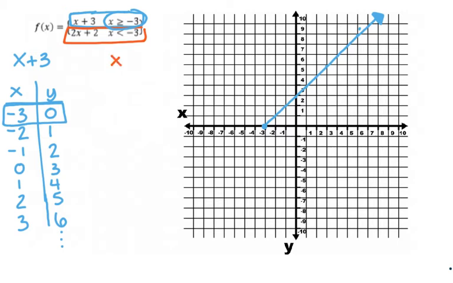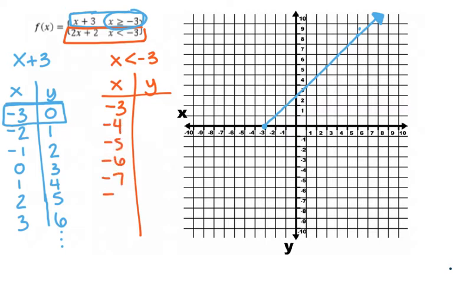Remember, the restricted domain helps you come up with the x values in your table. So this one says that I want anything less than negative 3. But I do want to include the point negative 3 and then anything less than negative 3. So negative 4, negative 5, negative 6. You can do as many or as few as you want. Then I'm going to use the actual function 2x plus 2, and replace the x with numbers to get my y coordinate.